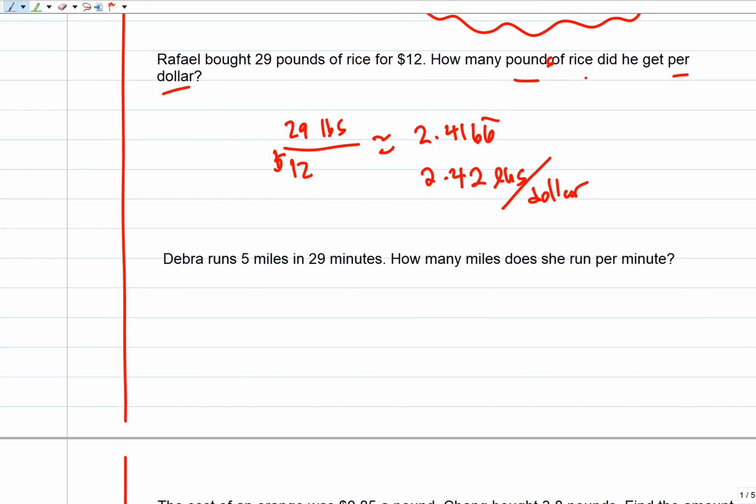Deborah runs 5 miles in 29 minutes. How many miles does she run per minute? They're asking for the rate, miles per minute. We are going to take the miles, divide by 29 minutes.